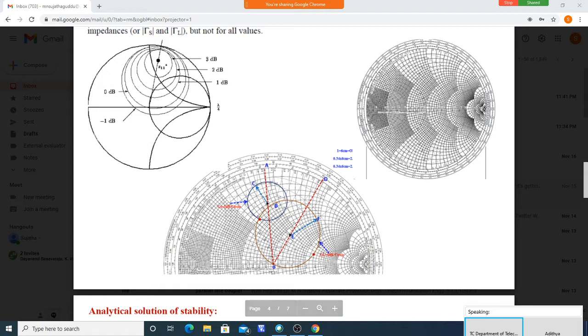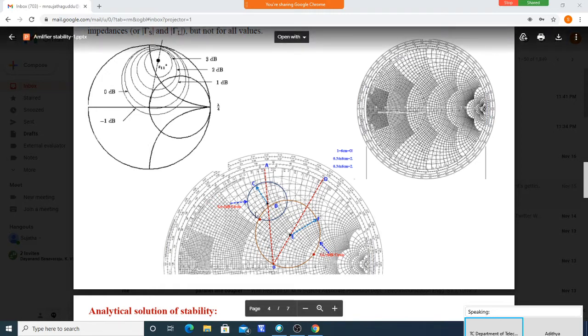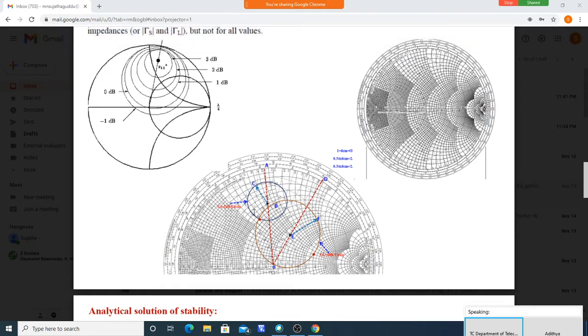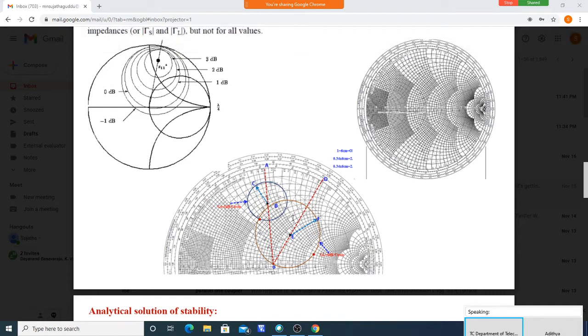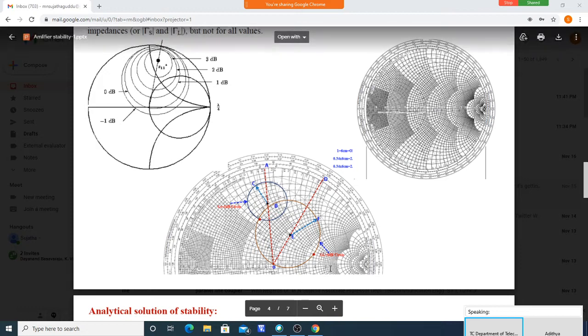For the input circle, we chose one value of ZS over the circle. We can take any value, but this one is convenient for designing the impedance matching network, so we simply took this value. That value is set here on the Smith chart, on a particular circle. Similarly, we did it for the output circle also.